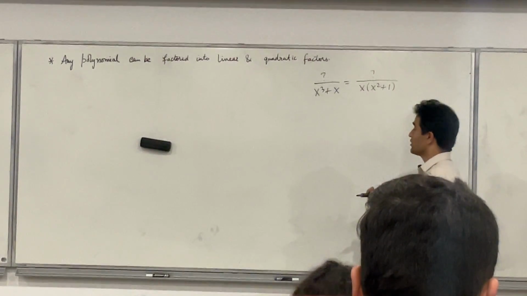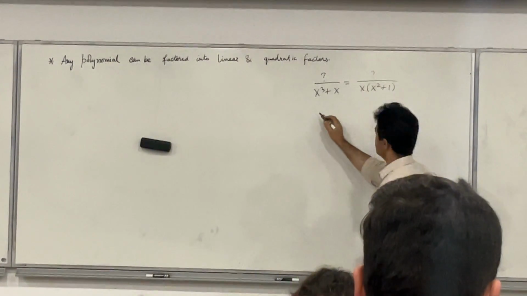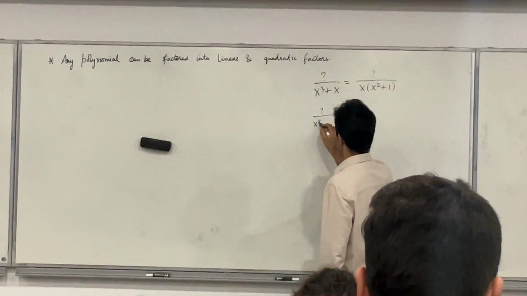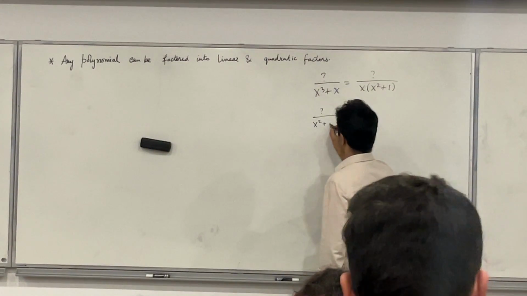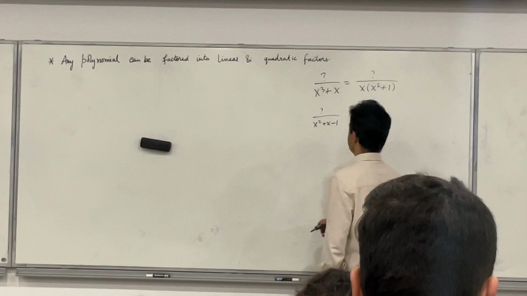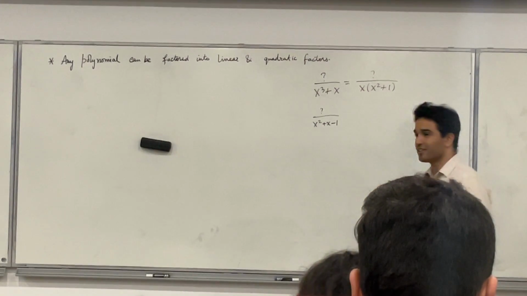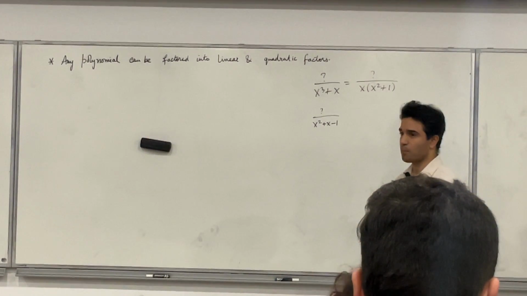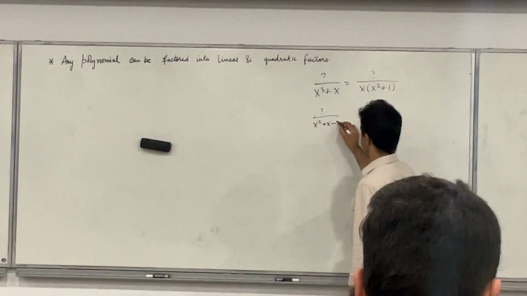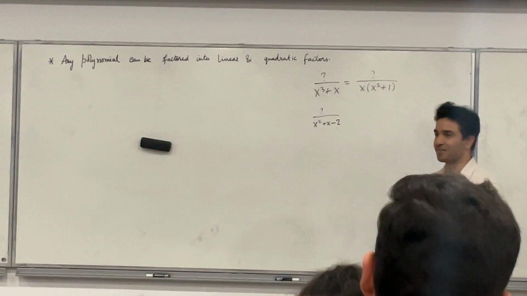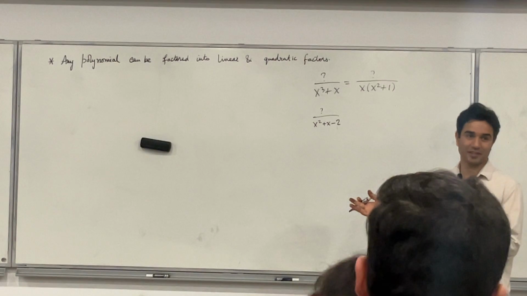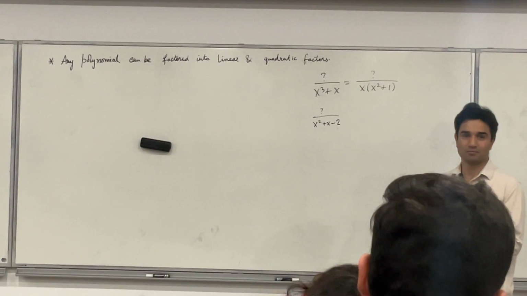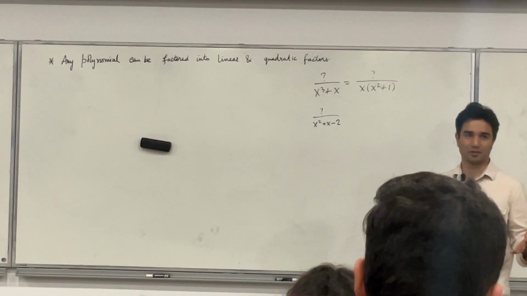But if you get a quadratic, something like this, that you can factor. Right? Something like this you can factor. Even the one with the minus 1 you can factor. It's just the roots are more involved, like something plus something root something, right?